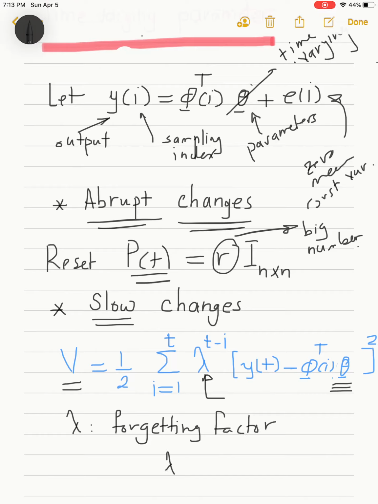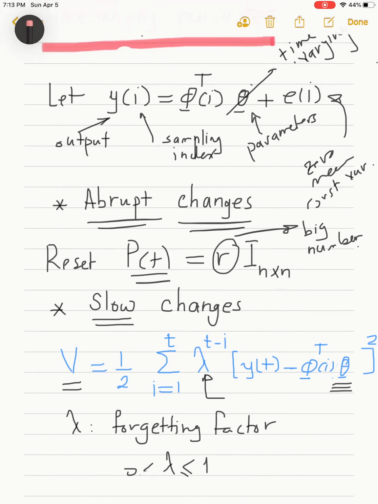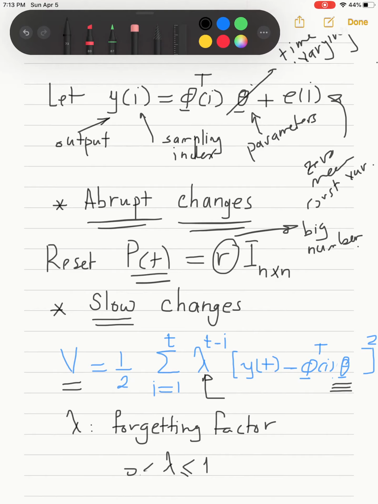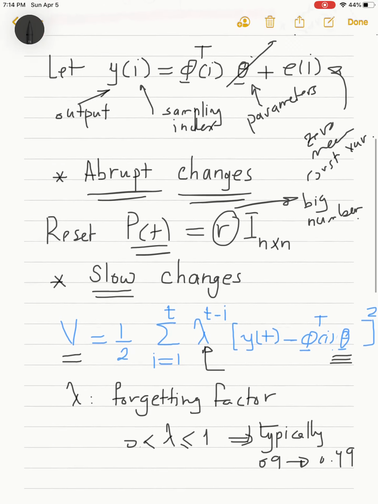Typically, the value of lambda is greater than 0 and less than or equal to 1. Actually, it shouldn't be equal to 0. It is greater than 0 but less than 1. And typically, it would be something like 0.9 up to, say, 0.99 in most applications.